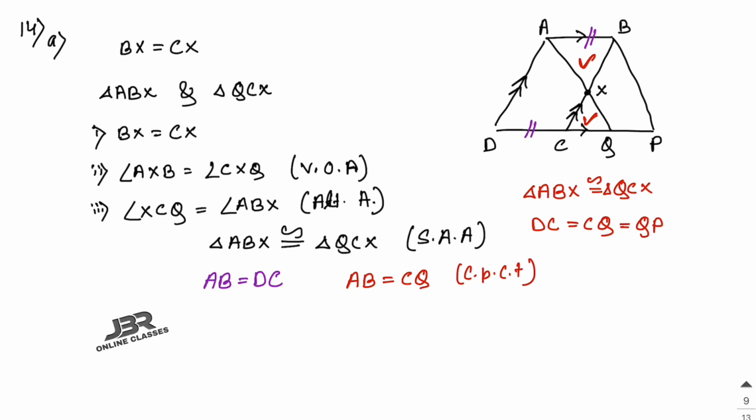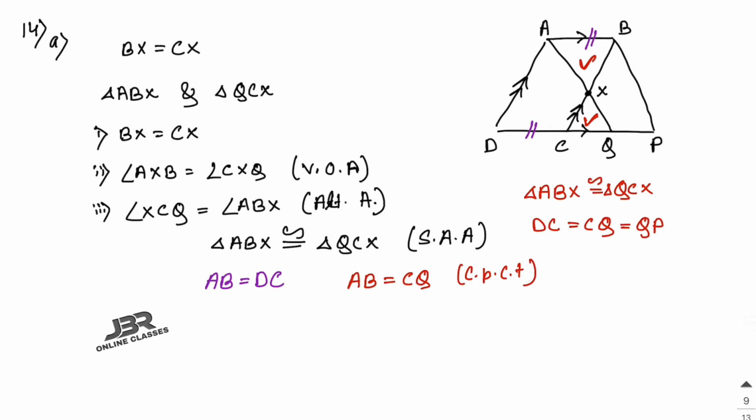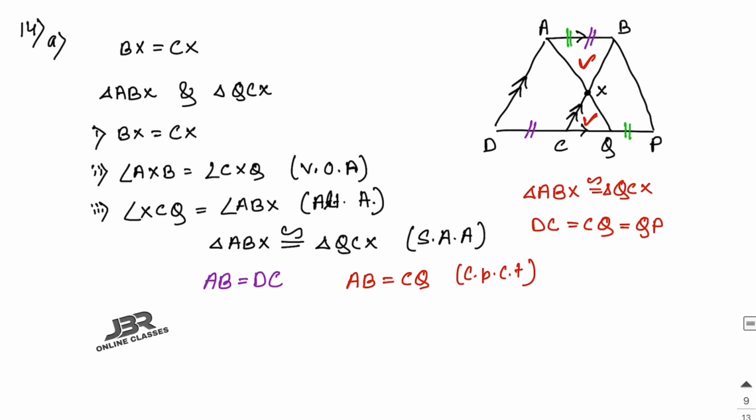And the last part, as ABQP is also a parallelogram, that means AB is also equal to QP. So from these three you can write down AB is equal to DC equal to CQ equal to QP. So that means this one is proved.